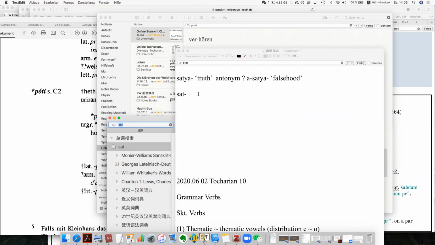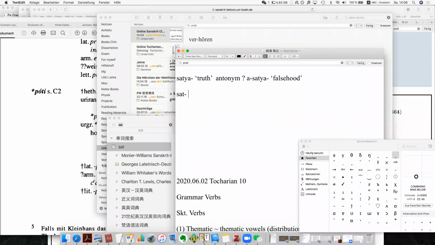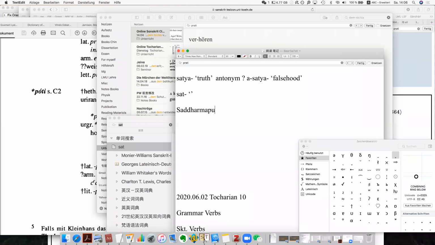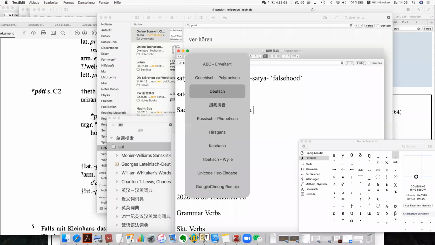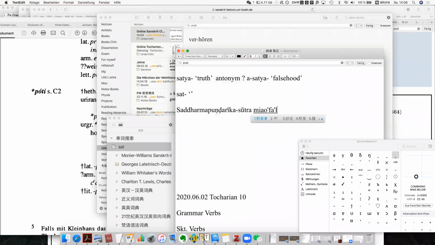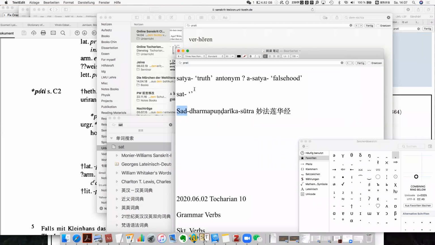Like Saddharma Pundarika, I hope you all know what Saddharma Pundarika Sutra is, 妙法莲花经. So Saddharma Pundarika has this sat, so sat means good.